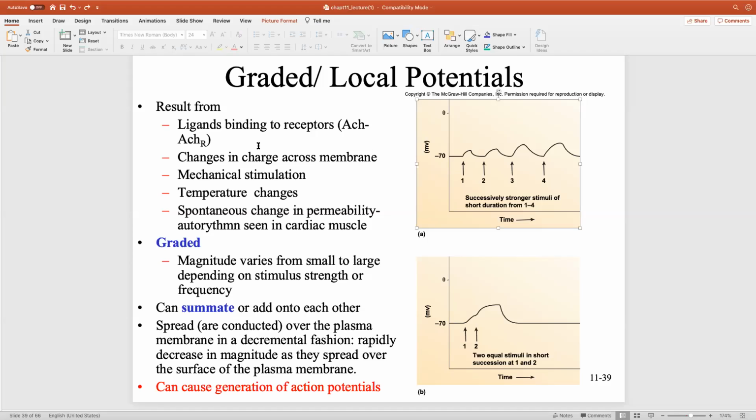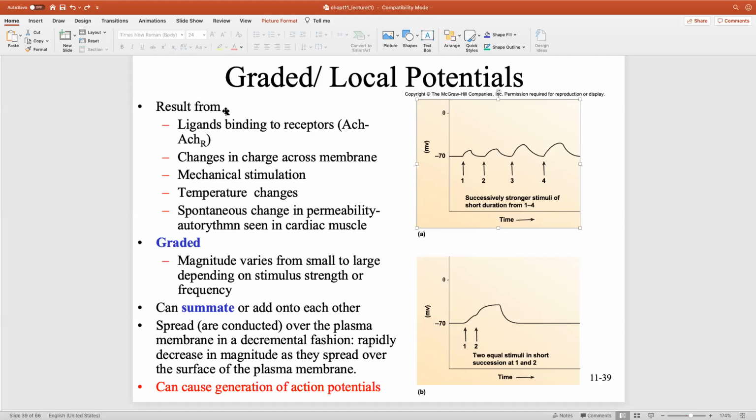If there isn't enough ligand release, then you don't have a strong enough local potential to hit threshold. So local potentials can lead to action potentials, but not all of them will.